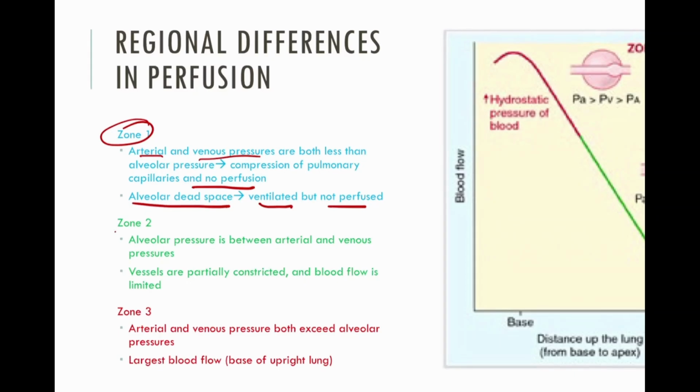Zone 2. Now we're in the middle part of our lungs. Alveolar pressure is between arterial and venous pressure. So therefore, vessels are partially constricted and blood flow is limited. Zone 3 is the base.